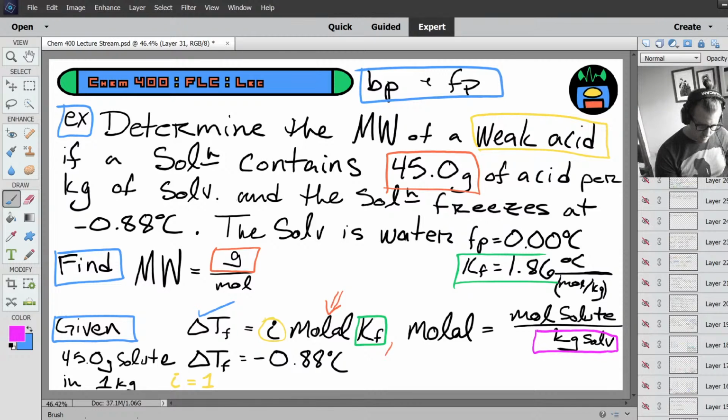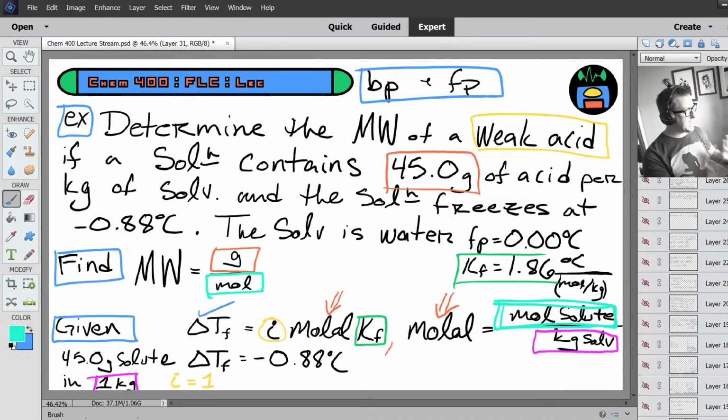We actually know this denominator because it's right here. We're dealing with 1 kilogram. So if we solve for molality, we can determine our moles of solute, and if we know our moles of solute, then we have our denominator.